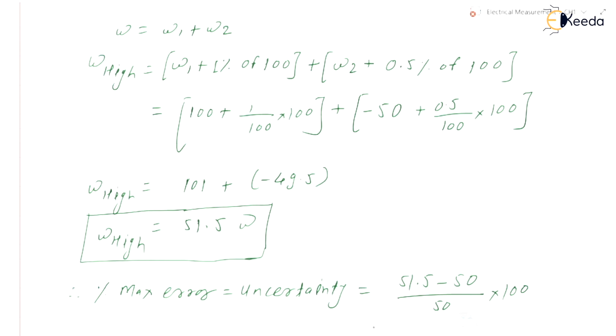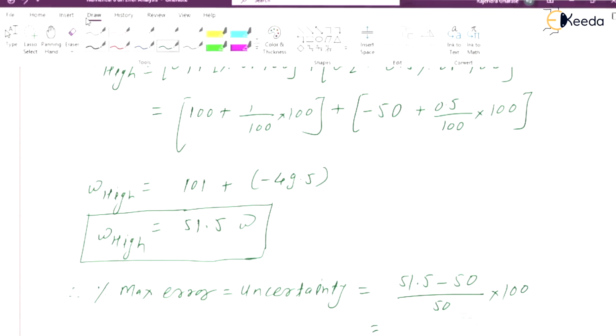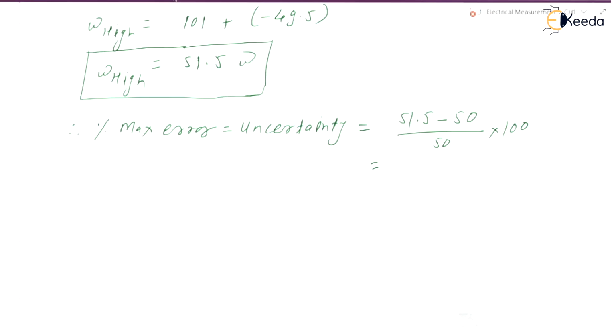So it is 1.5 upon 50 into 100, which is plus 3%. Similarly, if we find W low and the error, we will get minus 3%. So the final answer will be plus or minus 3%.